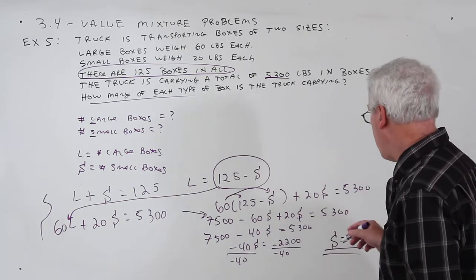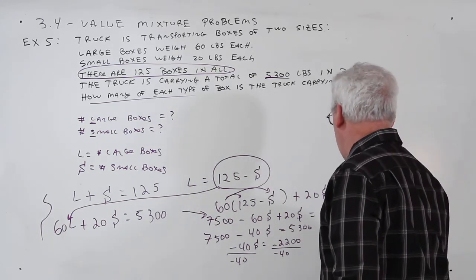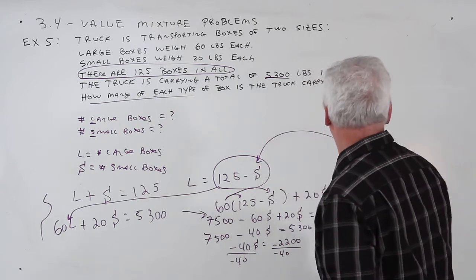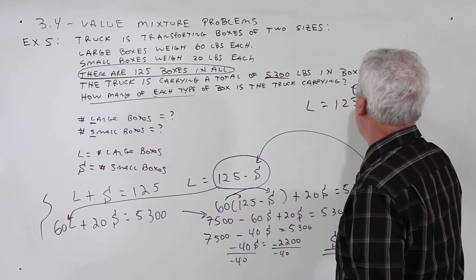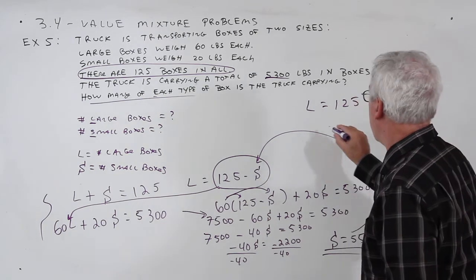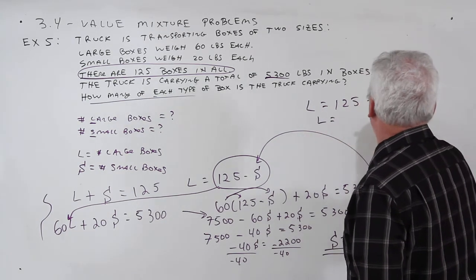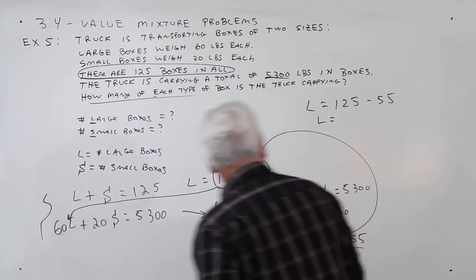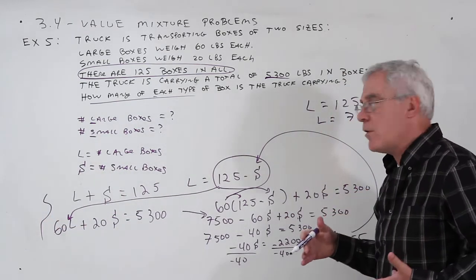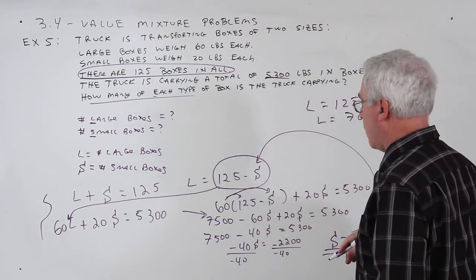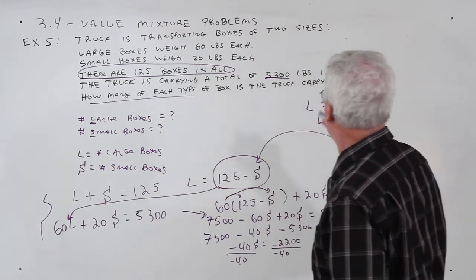Okay, then once I get the small boxes, I just put that over here, and then L equals 125 minus 55. I worked that out, I got 70. And then it's nice to answer in a sentence, so I'll do that right here.